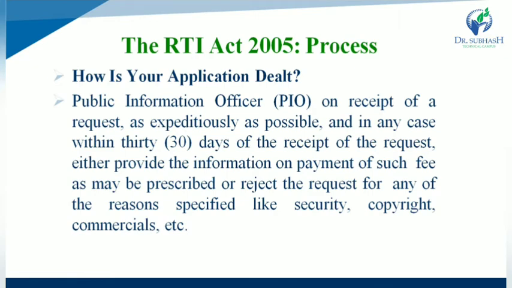In that case, the PIO rejects the application. And if no error is found, then within the 30 day time period, the Public Information Officer provides the information after payment of such fees, which you may have to pay.